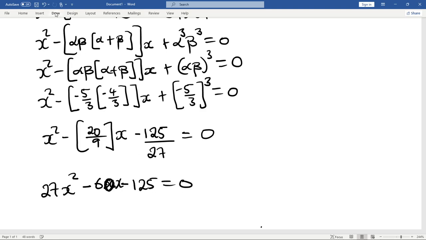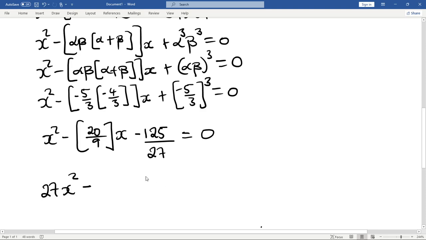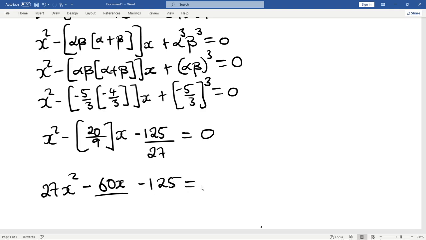Okay, let me just write that nicely there. So minus 60x minus 125 equal to 0.